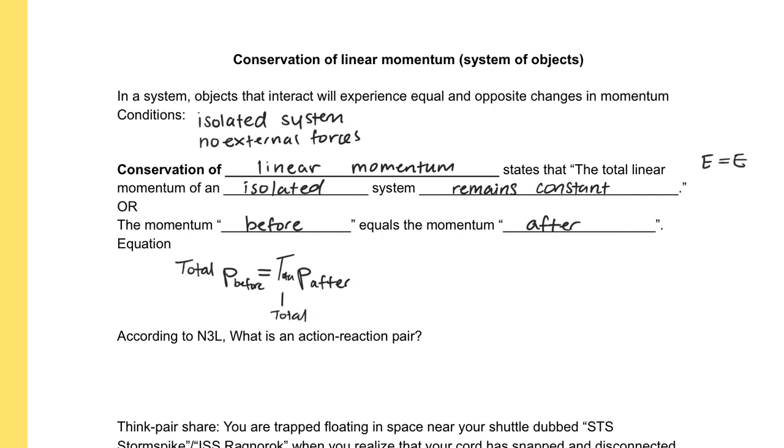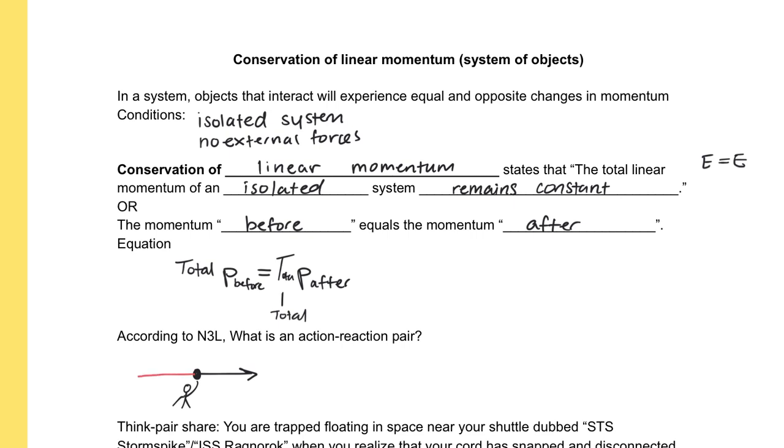So according to Newton's third law, what is an action-reaction pair? We already stated that Newton's third law is that every action requires an equal and opposite reaction. So that means an action-reaction pair has to do with forces. If I have a ball that is being thrown in this direction by this little dude over here, he's throwing that ball.